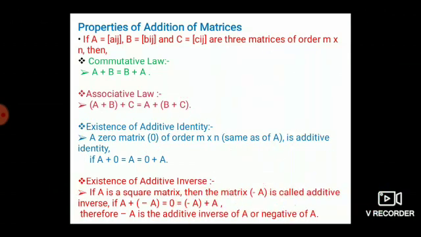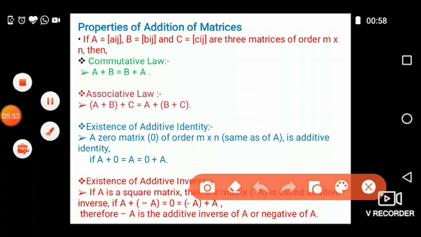Likewise, existence of additive inverse.